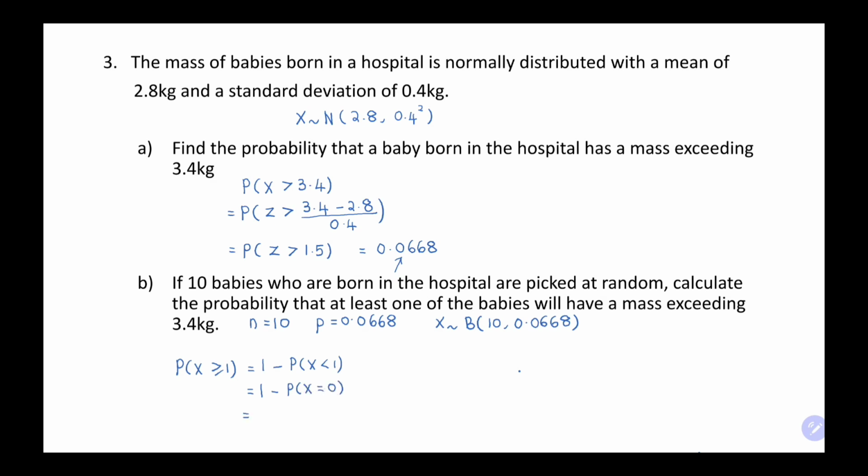So we use the formula nCr: n is 10, C 0, p 0.0668 to the power of 0, and q 0.9332 to the power of 10. Then we solve, we get the answer 0.4991.